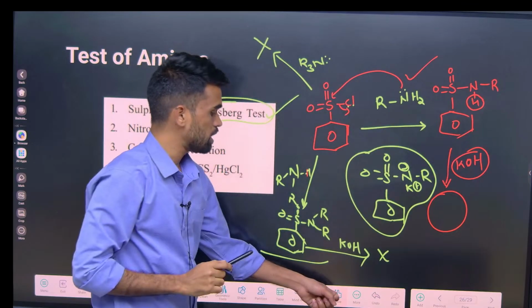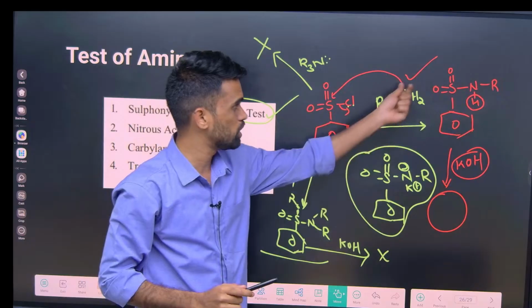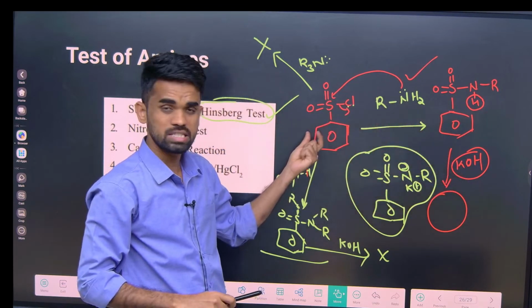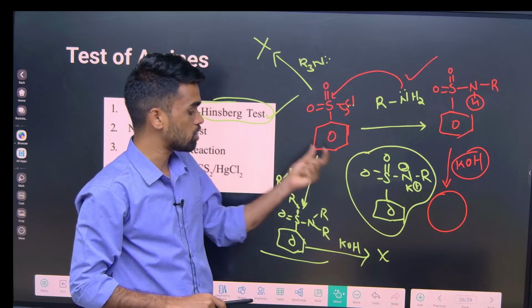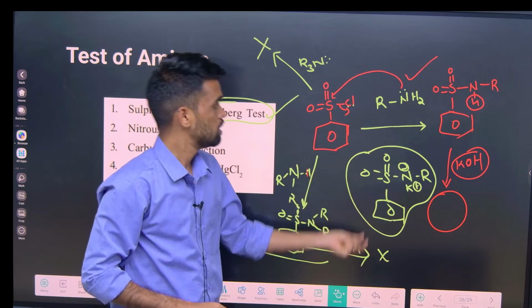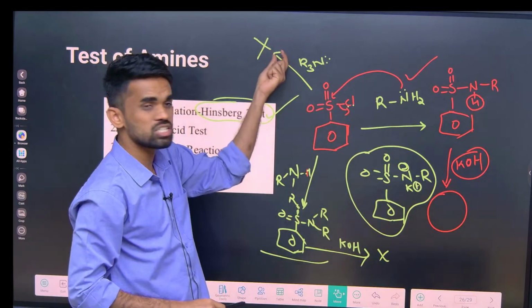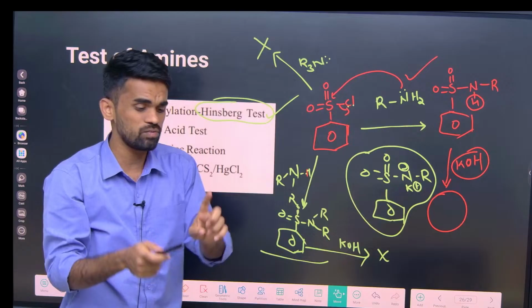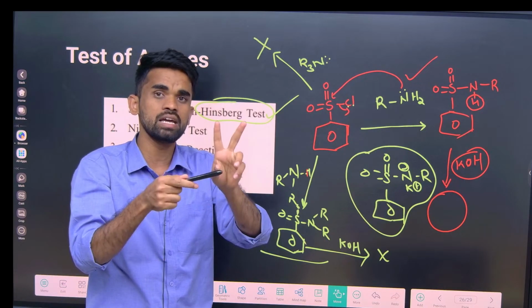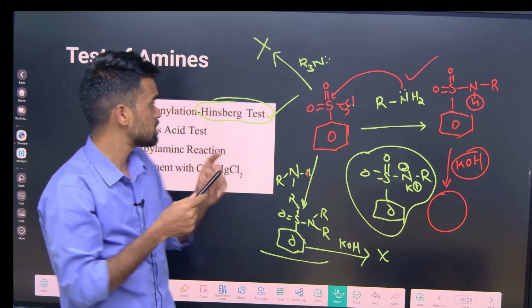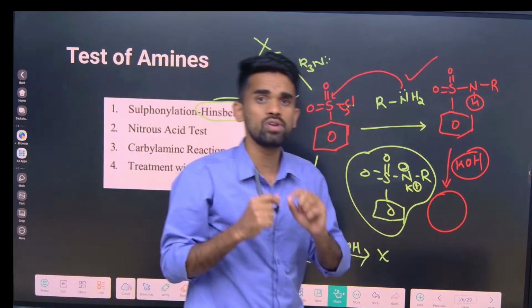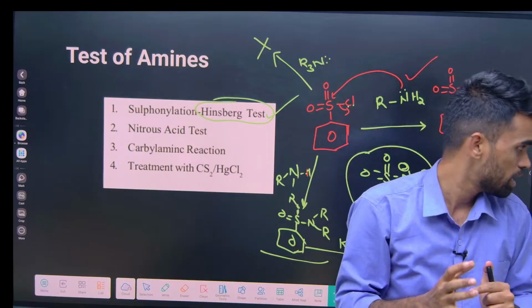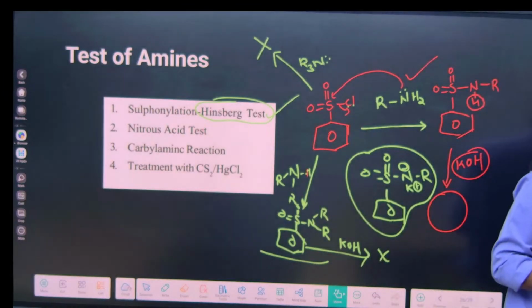See, primary amine is undergoing reaction and dissolving in alkali medium, whereas secondary amine undergoes reaction but does not dissolve in alkali medium, and for tertiary amine there is no reaction at all. So by looking at these reaction steps, we can distinguish primary, secondary, tertiary amines. So this is how Hinsberg reagent is helpful for the identification of primary, secondary, tertiary amines. Is this clear, whatever we discussed?